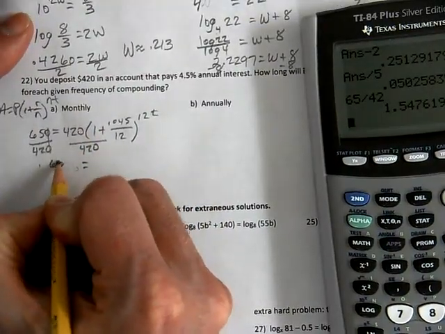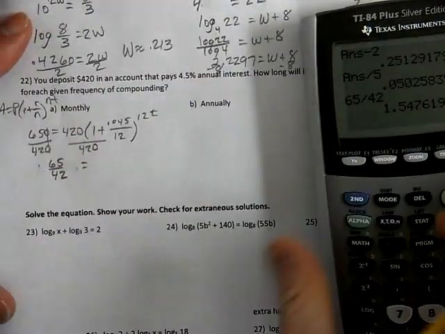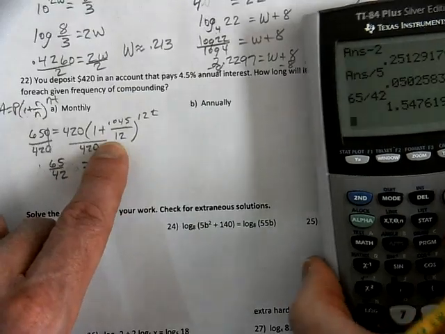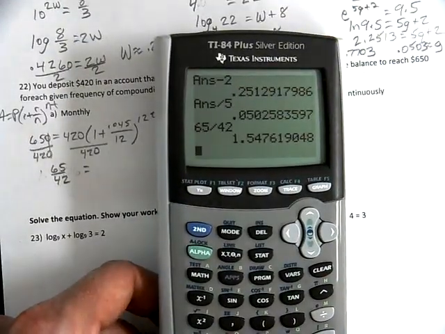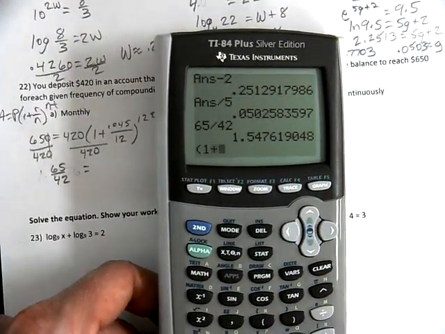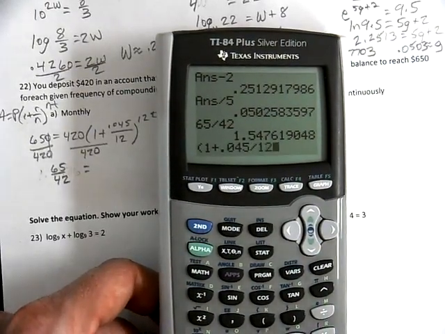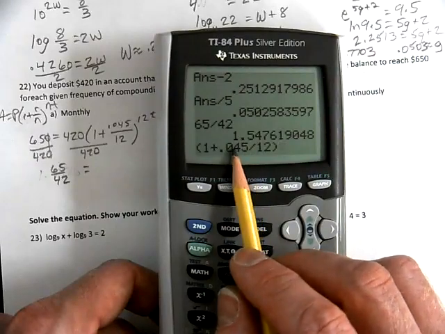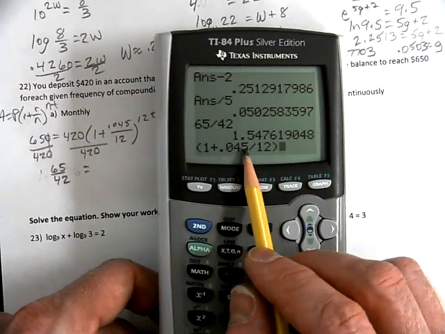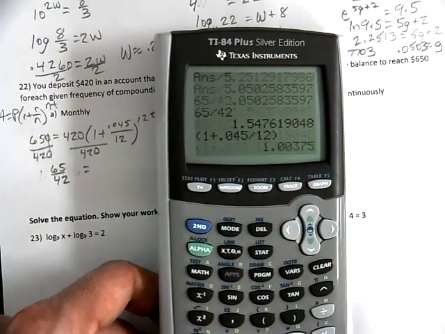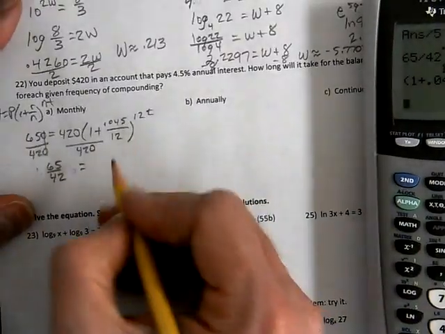And we don't have to worry about the decimal right now, because this is going to be a decimal enough to work with. That's 1 plus 0.045 divided by 12. We want to divide the 0.045 by 12 and add it to the 1.